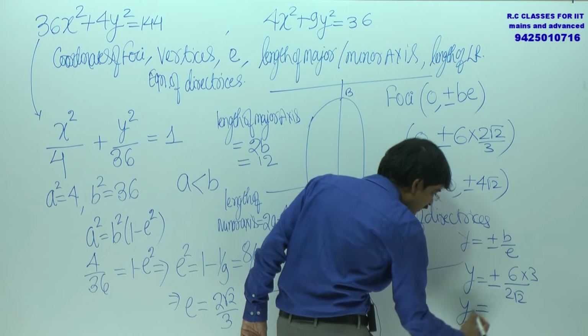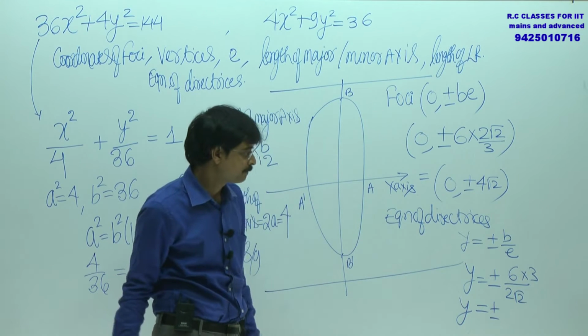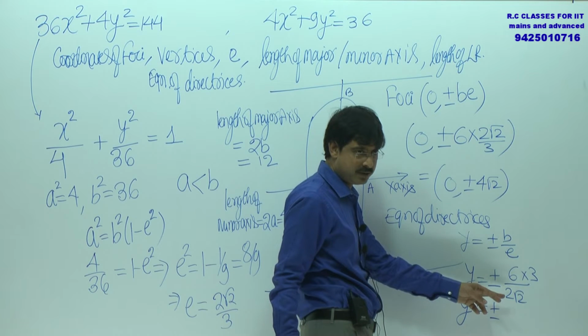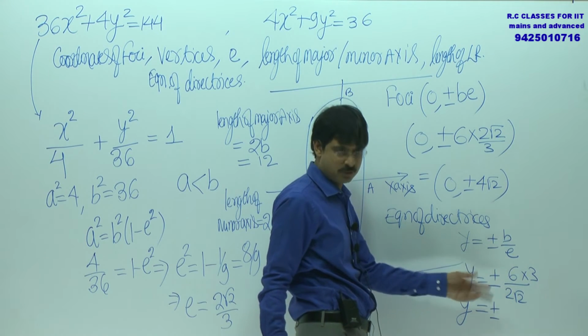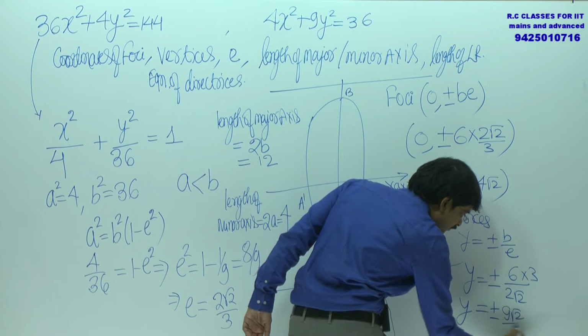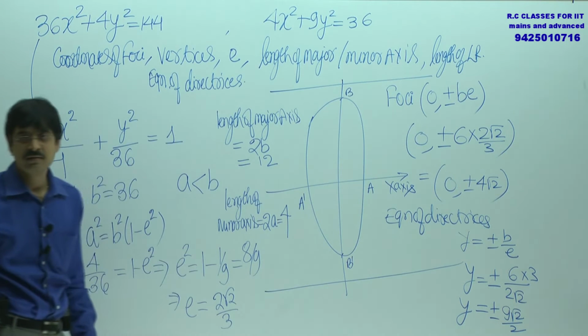The equation of directrix is coming as plus minus 9 by root 2. ठीक है ना. 9 by root 2 या root 2 से मल्टीप्लाई root 2 से डिवाइड करूंगा, 9 root 2 जैसा भी लिखना है. What is the equation of directrix? Fine.